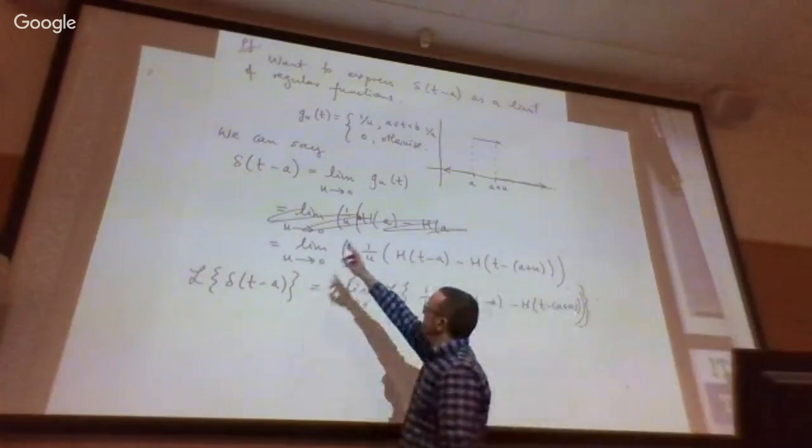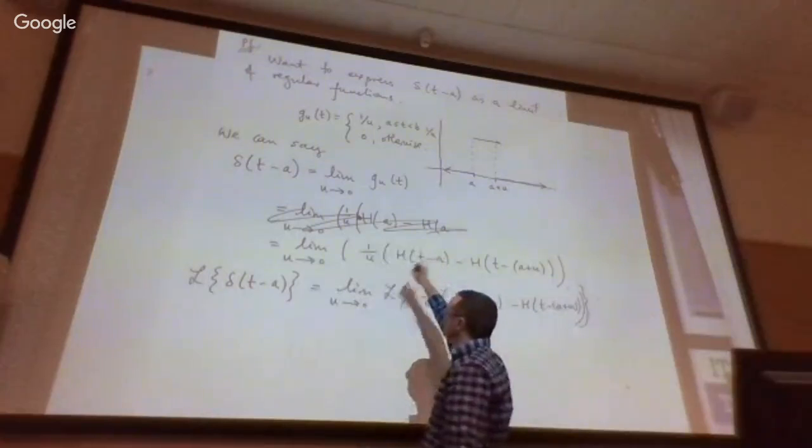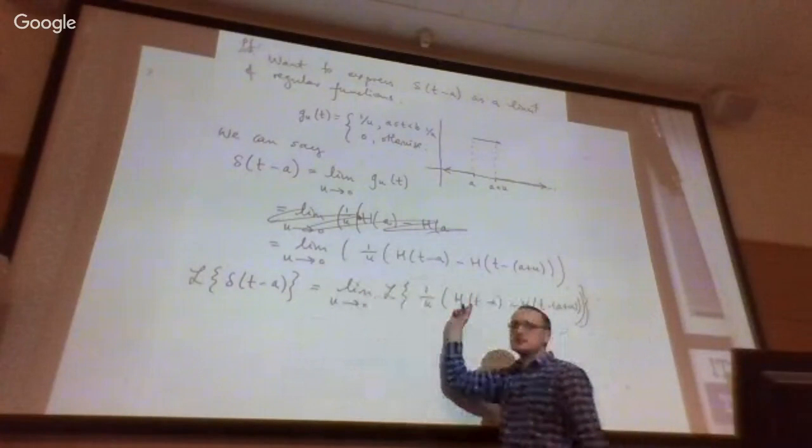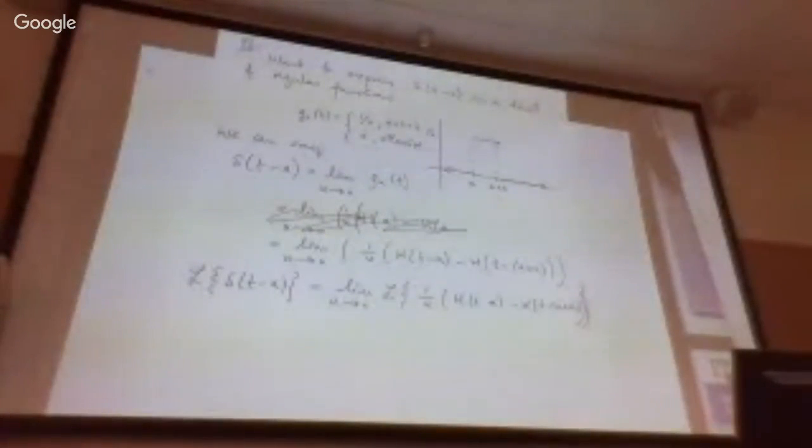So delta t minus a is the limit of these functions, so we'll say its Laplace transform is the limit of the individual Laplace transforms. What we're doing there is taking an integral of a limit and interchanging the limiting process and the integral, which under certain circumstances we can do.